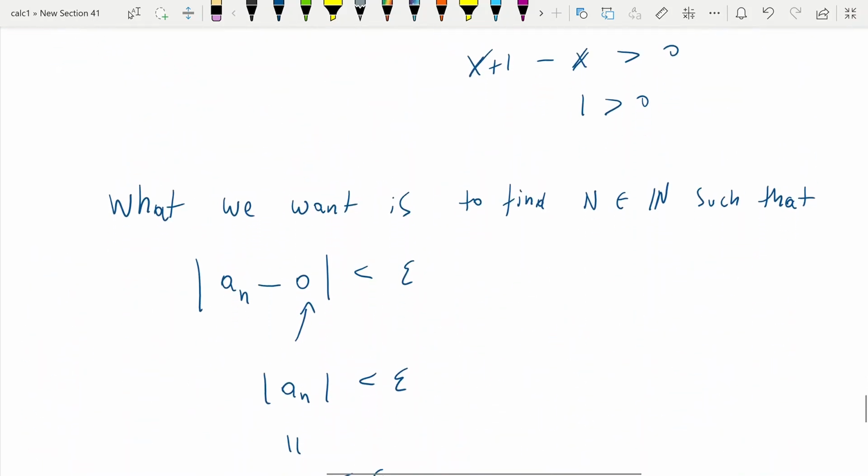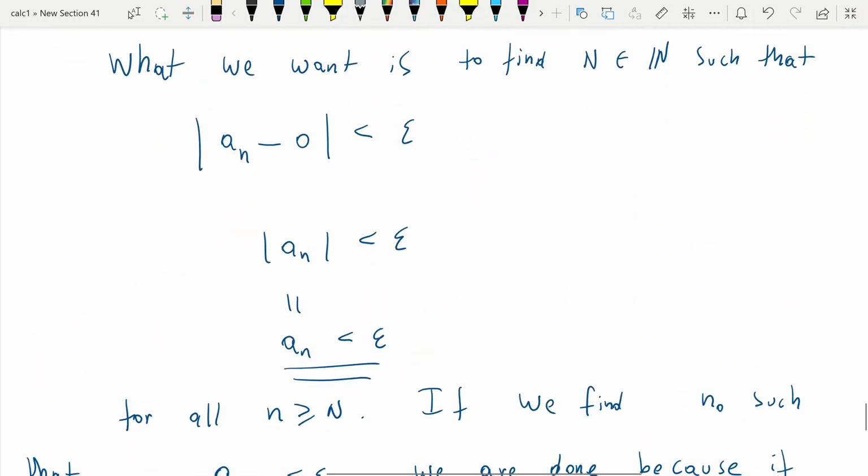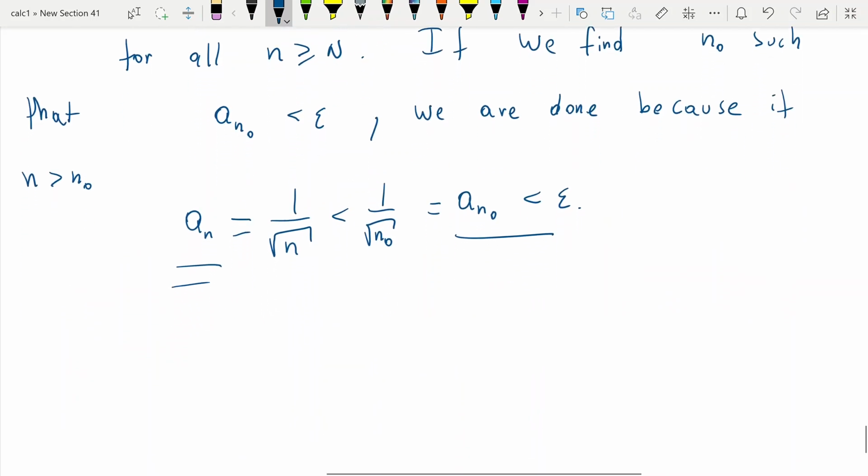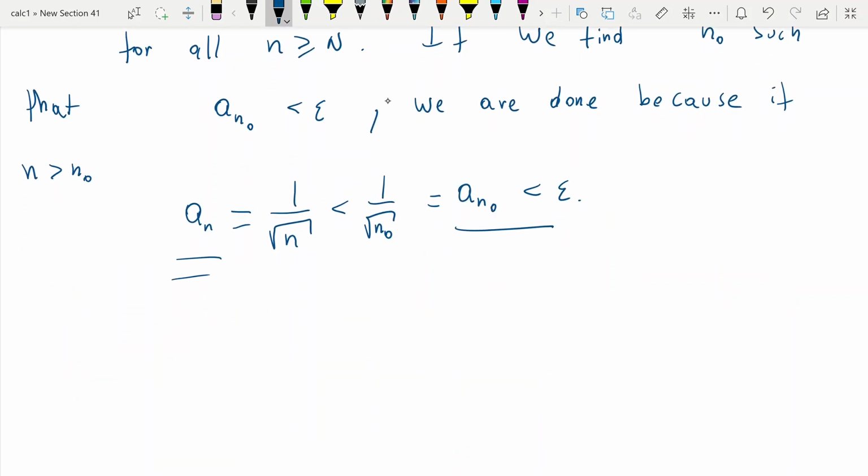We just need to find one value, n0, and that n0 is going to be our N, the N we're looking for.